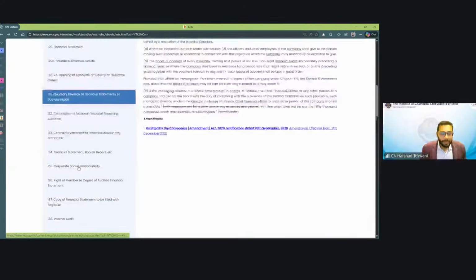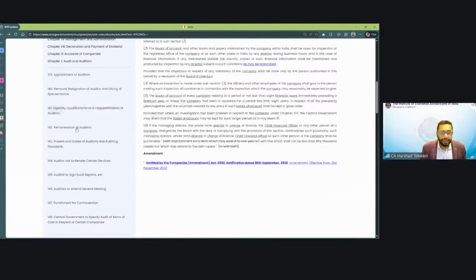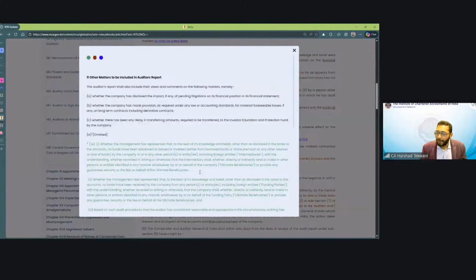The second requirement goes to the auditors under section 143 of the Companies Act. Now, section 143(3)(j) talks about Rule 11, other points that are required to be looked into by the auditor.